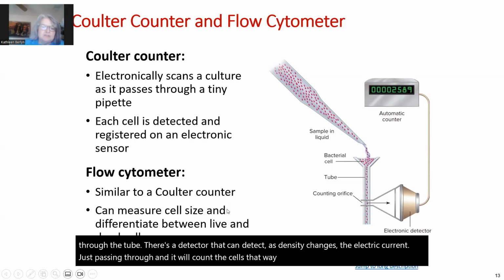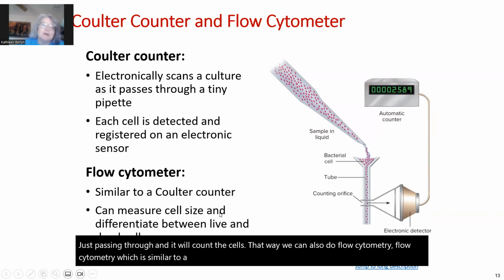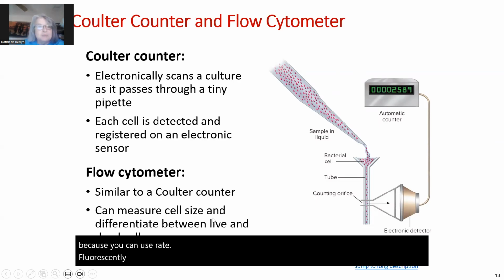We can also do flow cytometry, which is similar to a culture counter, but it can do a lot, because you can use fluorescently labeled antibodies to tag cells, and then you can actually count different cells.